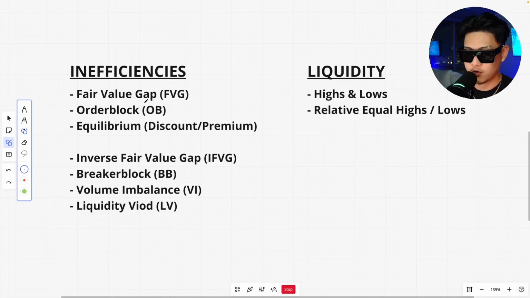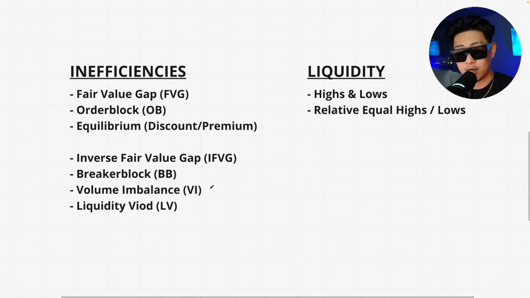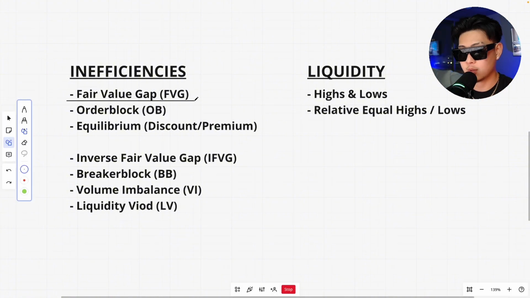Now, what are inefficiencies? Inefficiencies are simply areas in price where it has delivered inefficiently. So we had a big move up or a big move down and price left gaps. The main ones I use are fair value gaps, order blocks, and equilibrium, which is basically just discount and premium and the 50% level. You can also use inverted fair value gaps. I'll use these whenever they're relevant.